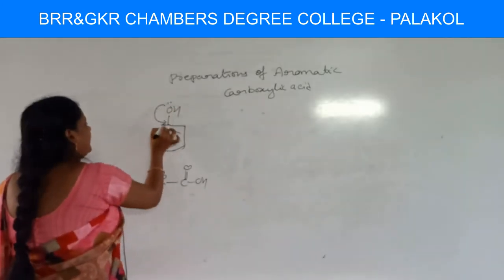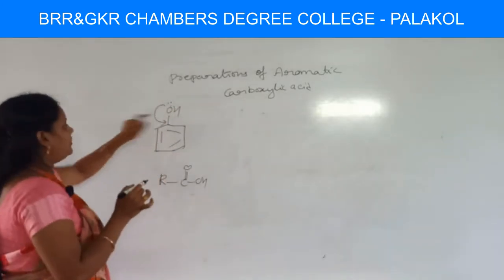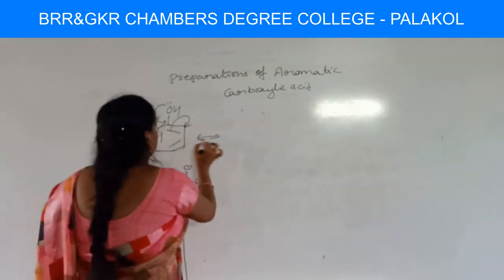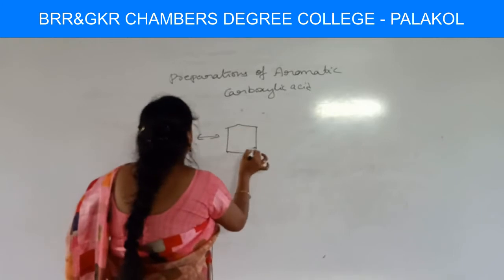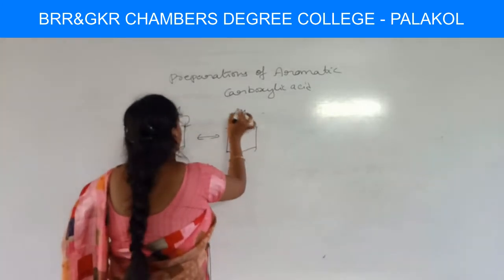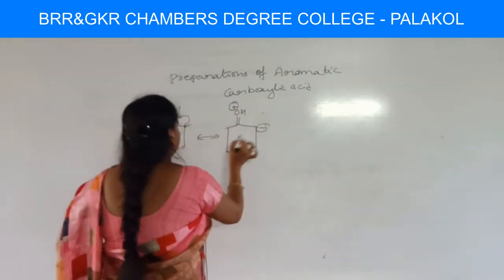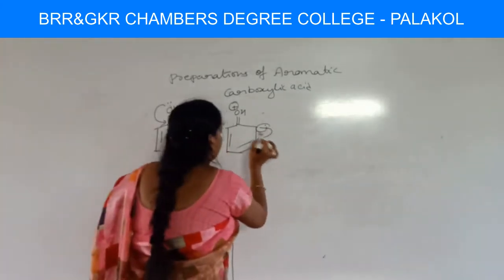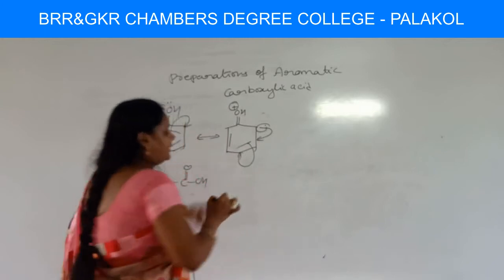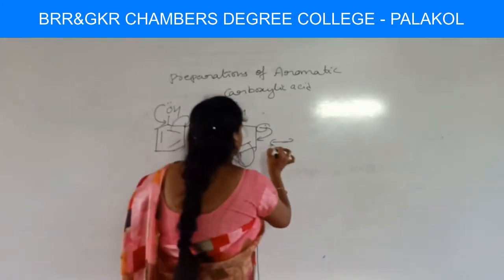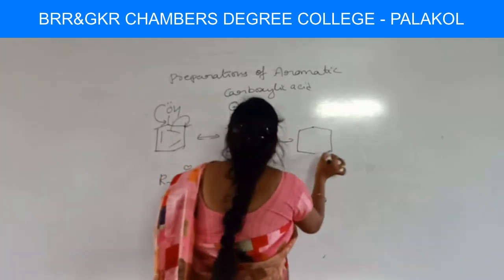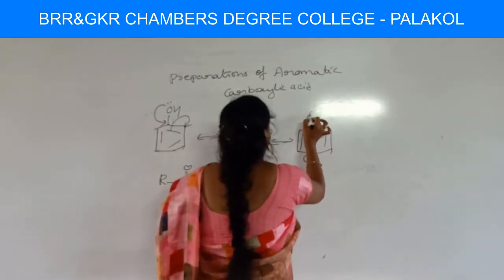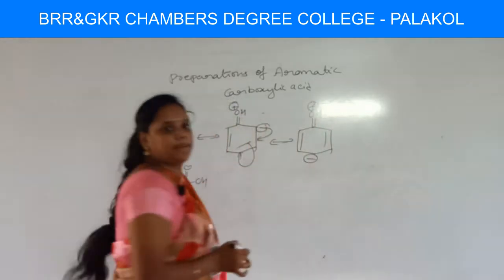The lone pair of electrons forms a bond here, and this bond becomes a minus charge. So you will get double bond OH plus, a minus charge here, a bond here and a bond here. Again the minus charge becomes a double bond and this bond becomes a minus charge. In the next case you will get a bond here, minus charge here, double bond OH plus.